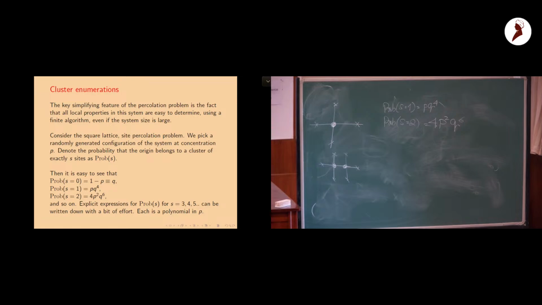Suppose you have S equal to 10, then it will be a polynomial in P and Q, but Q is 1 minus P, so it's a polynomial in P. And the lowest power of P in that polynomial will be 10, because there will be 10 sites. And then there will be some powers of Q, which can be written as 1 minus P to some powers.